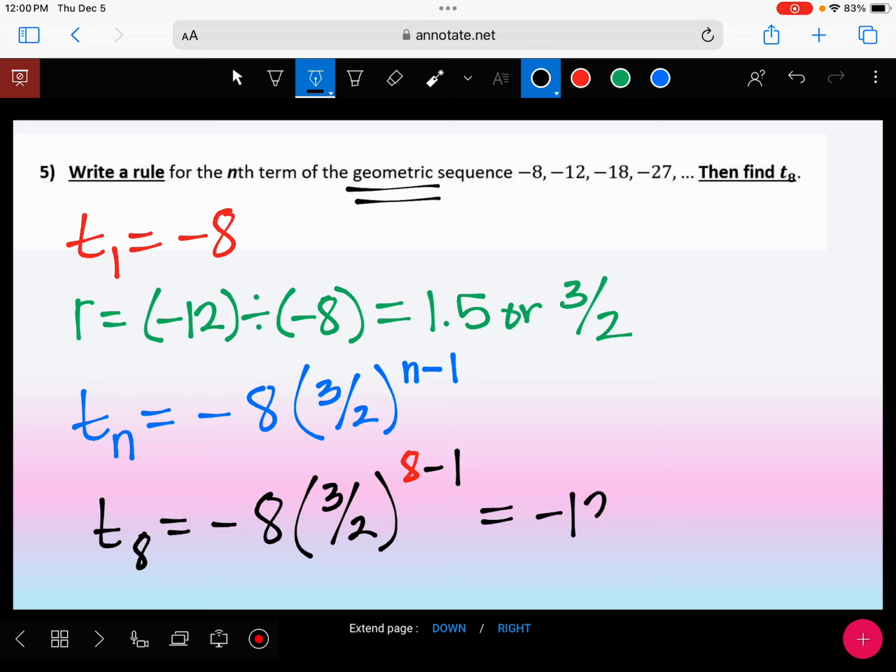And I got negative 136.6875, which is probably, did anybody write it as a fraction? Negative 2187. Yep, or negative.